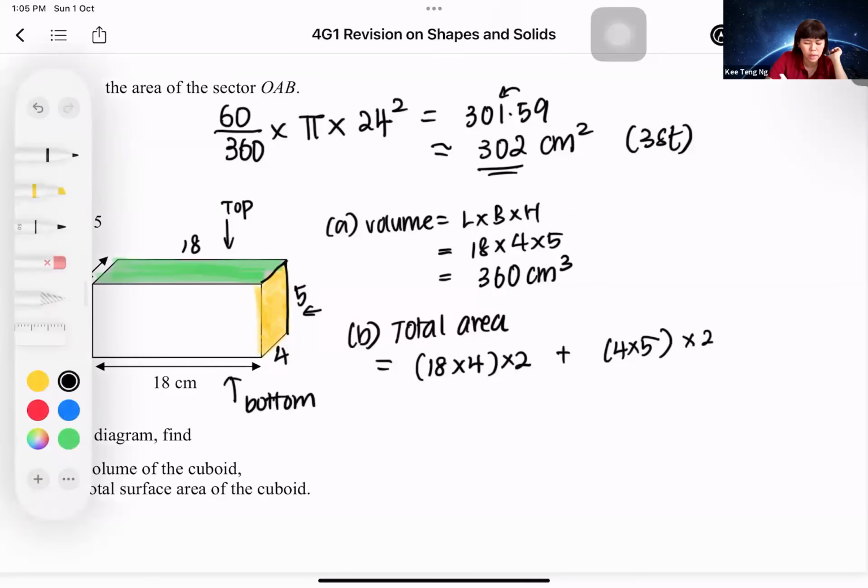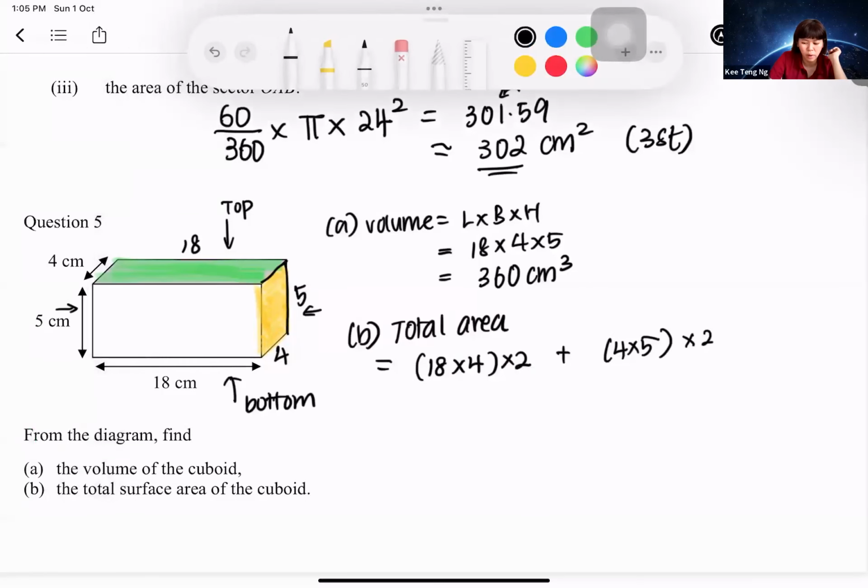Next, we look at the front. This one is the area of a rectangle as well, so this will be 5 cm times 18 cm. But there's a front and also a back, so there are a total of 6 different sides here.